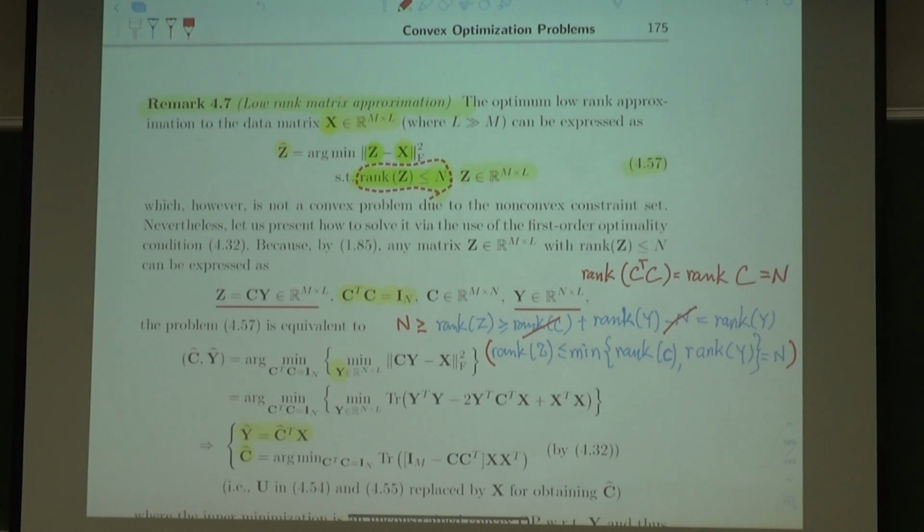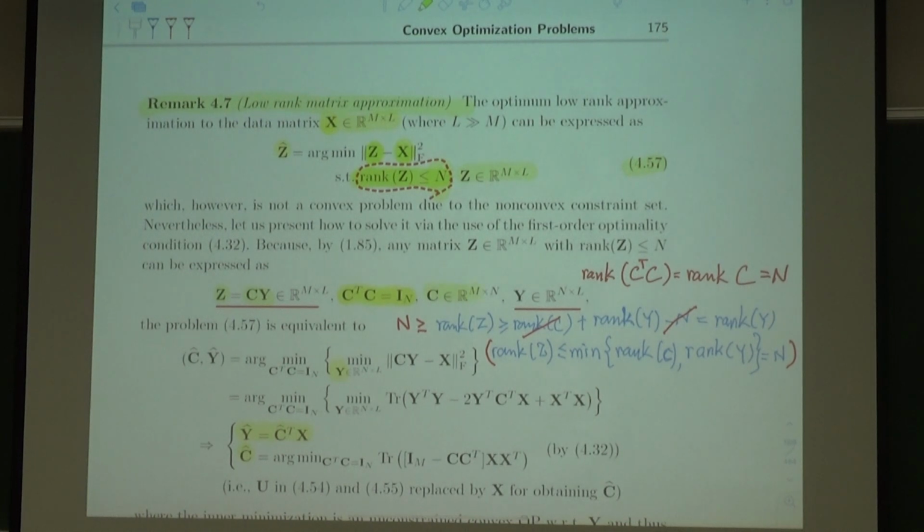The way we can do this, we represent the variable Z, or change the variable, in terms of C and Y. So C times Y. C is a semi-unitary matrix.